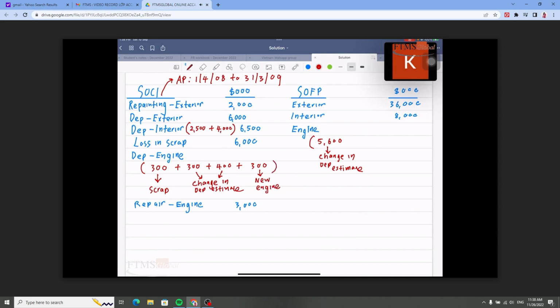That's the depreciation for all my engine. So 600, 1,000, 1,300, right? So depreciation for engine is 1,300. And also you can put in your last carrying value for your engine, which is 10,500. This is your new engine. Right, so 5,600 plus 10,500, I will get 16,100.